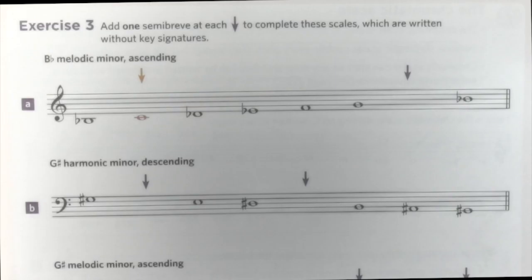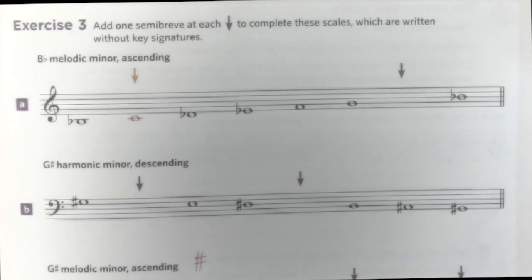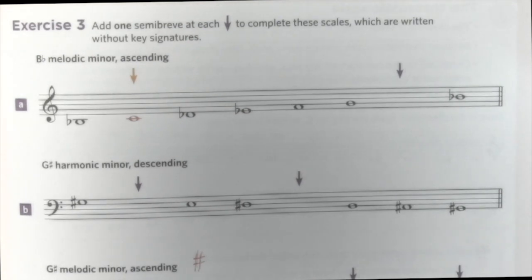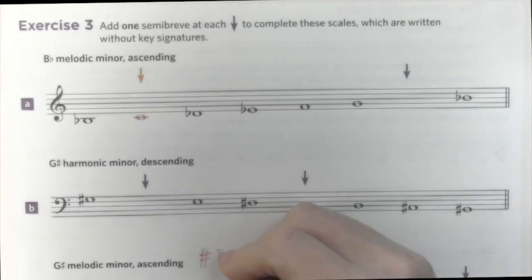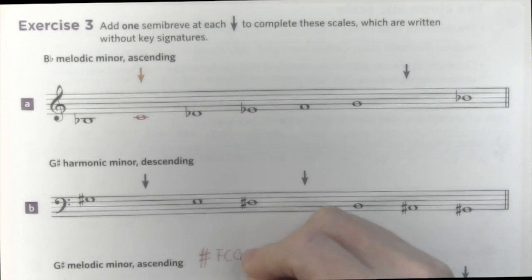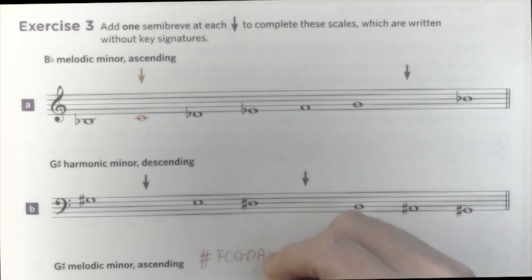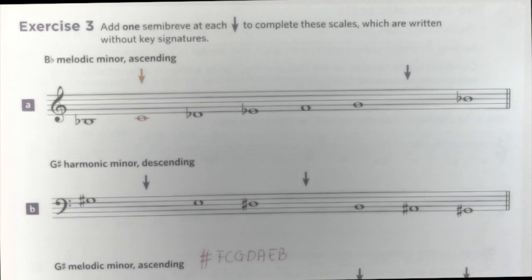Exercise 3. In exercise 3, we need to add 2 notes in each scale to complete them. We need the order of flats and sharps as ever, so sharps, I write them here. Hopefully they will be okay for the whole page. I don't think so though. Fa, do, sol, re, la, mi, si.